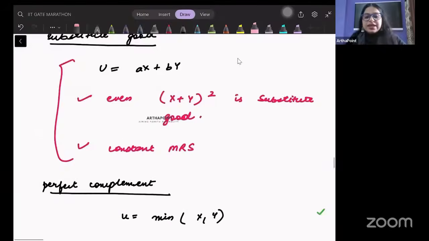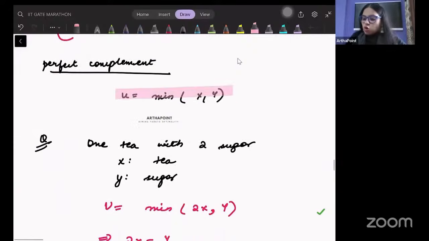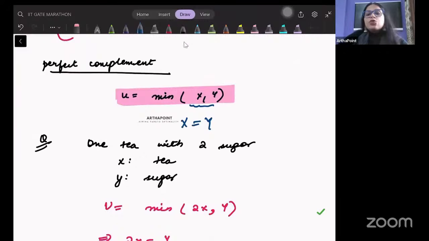Okay. Then the second thing that you have to remember is complementary good. With complementary good, it is otherwise easy: whatever comes inside the min function, you equate this. That part is easy. What is difficult is how to frame these complementary good functions.